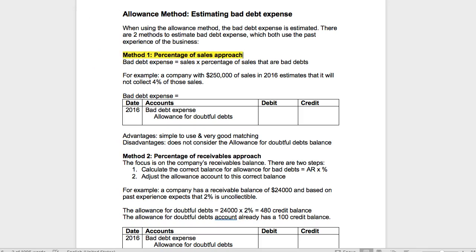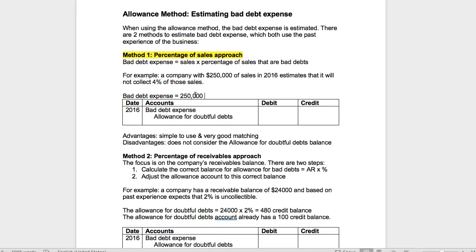So method number 1 is called the percentage of sales approach. To calculate your bad debt expense, you get your sales and you multiply by the percentage of sales that are bad debts. So for example, we have $250,000 of sales and we estimate 4% we will not collect.